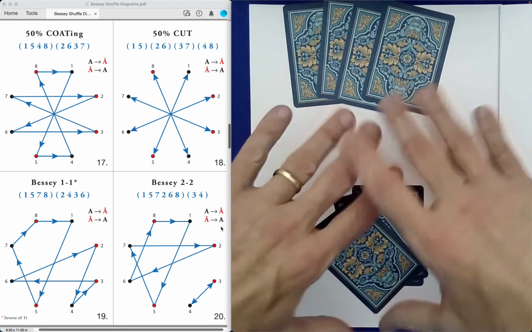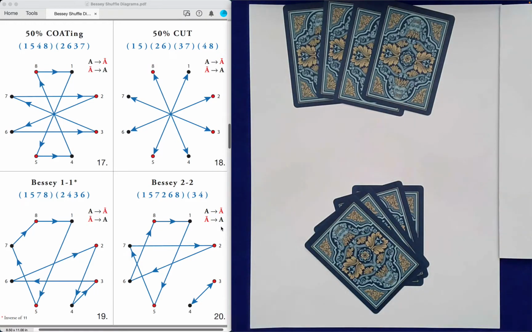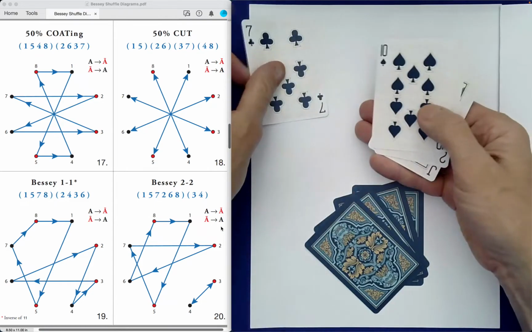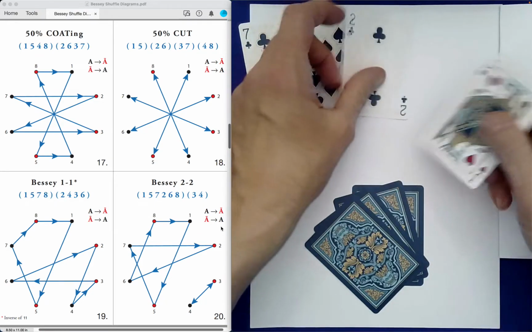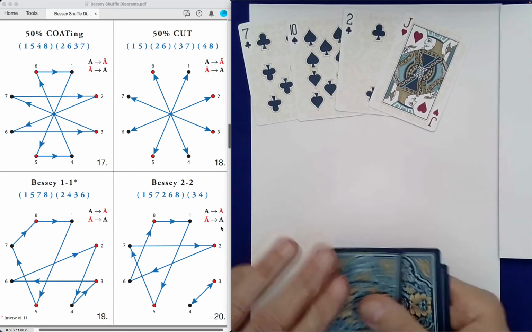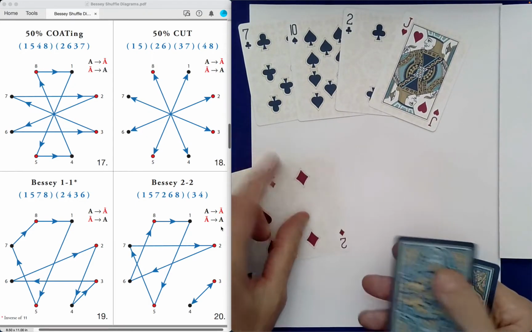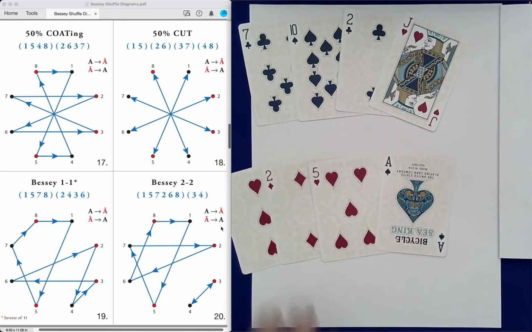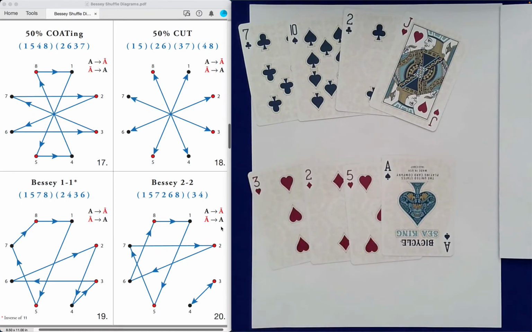You're just breaking the cards in half. It results in these two sets of cards. We get a 7, 10, 2, Jack. Let's see, what do we get down here? We get a 3, 2, 5, Ace. Oh, that's curious.